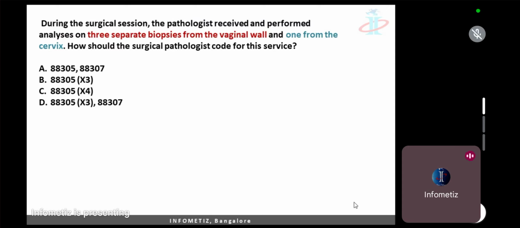In 305 we don't have cervix. It's there, sir. Here also we have it. In both the parts we have a cervix. Now tell me which code you will use, 305 or 307? What is the difference? 305 cervix is what? Here, conization. One is a biopsy, one is a conization.